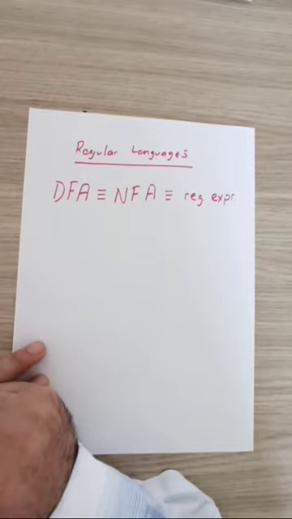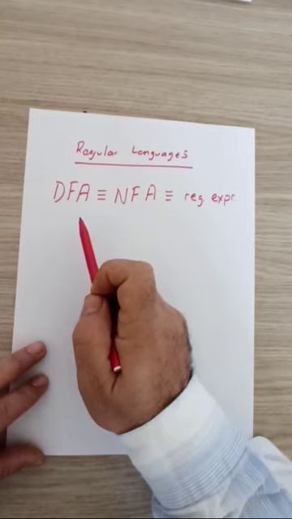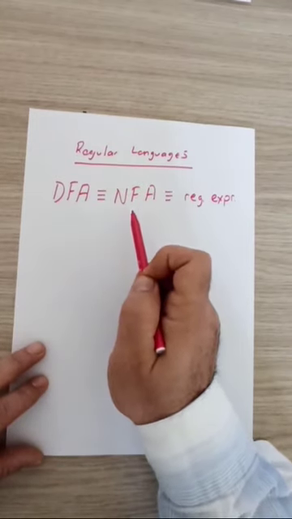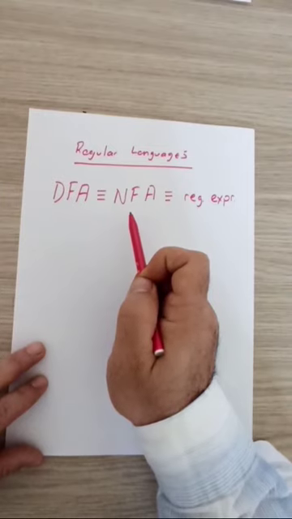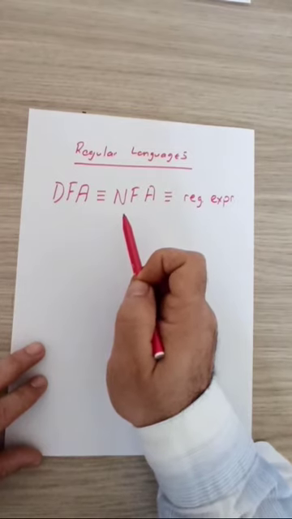What do we mean by computational power? We mean the following. If a language is recognizable using any of these models, then that language is also recognizable using the other computational models as well.